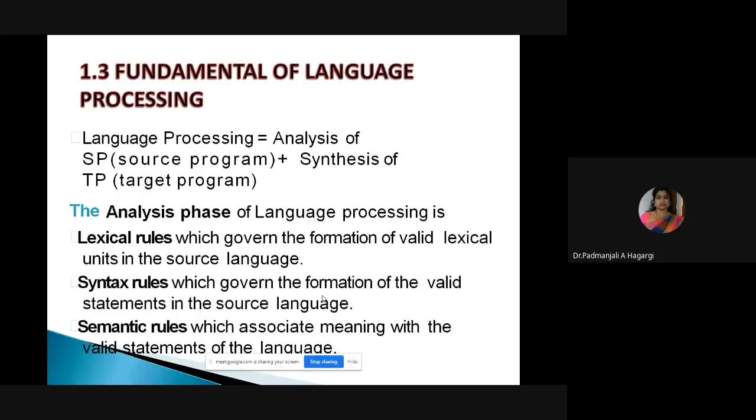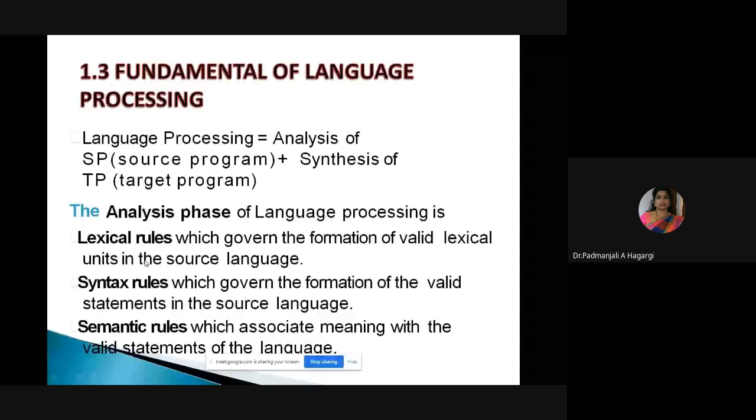The semantic rule, which associates meaning with the valid statement of the language. The lexical rule, which governs the formation of the valid lexical units in the source language.